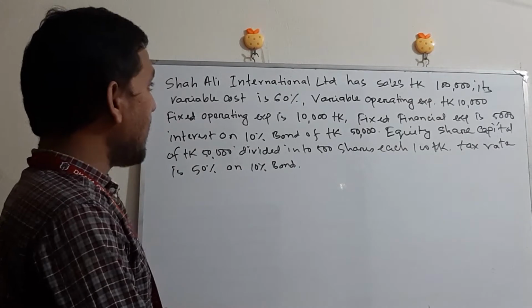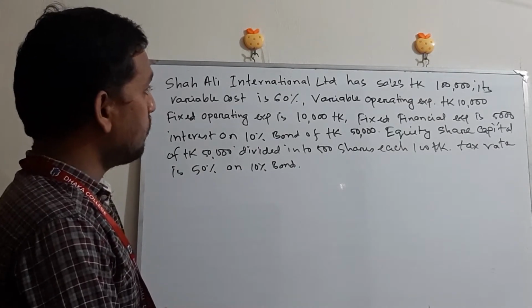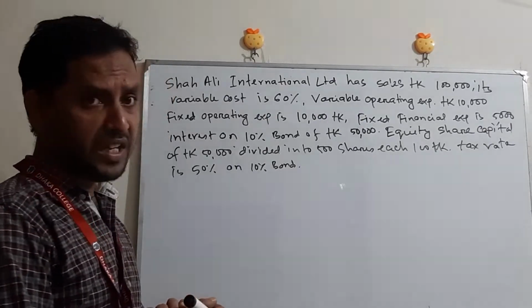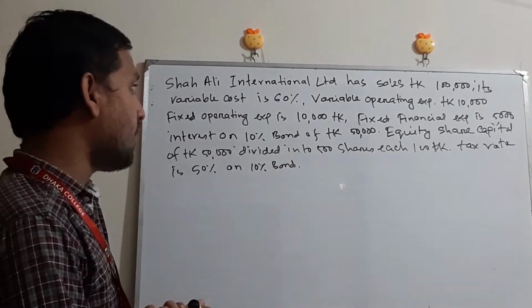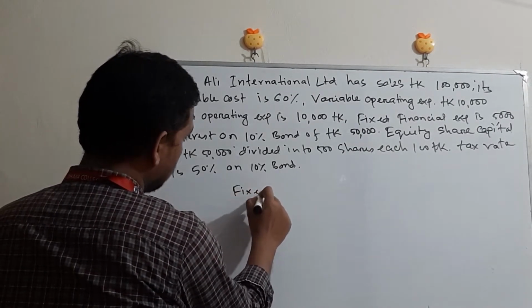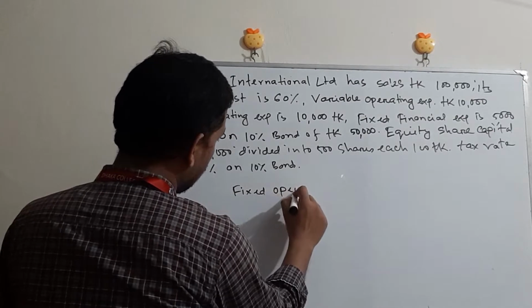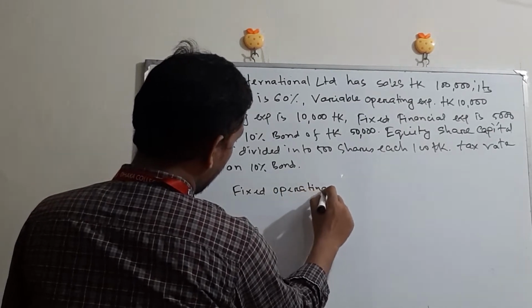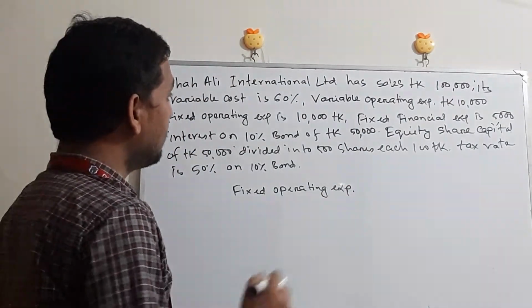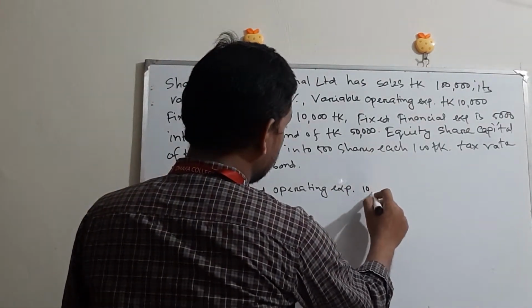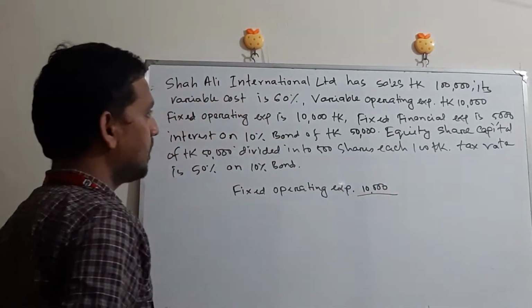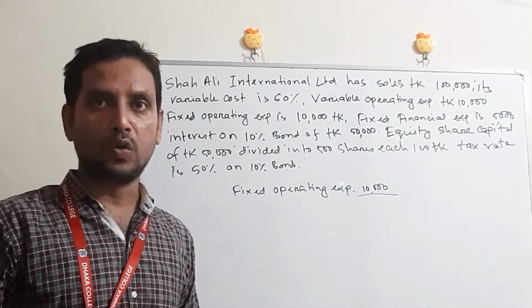So here in the above problem, we see that there is variable operating expense 10,000 taka and fixed operating expense. It is fixed, you know, it is fixed.